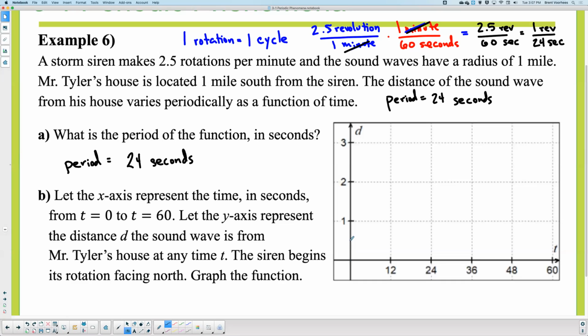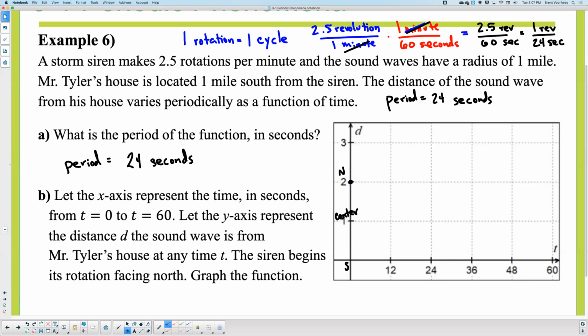So we're here. The siren begins its rotation facing north, and it has a radius of 1 mile. So this will be like the center location, with north and south.